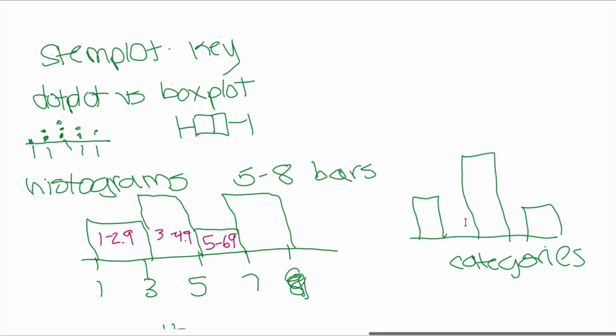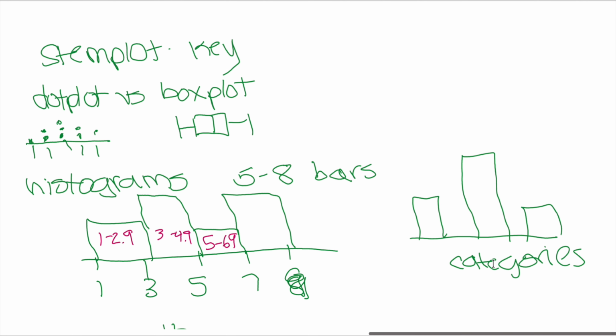And this is another thing, these are categories. This is different from the histograms. This is a bar graph. They look pretty similar, but bar graphs have a gap between each bar, while the histogram doesn't.